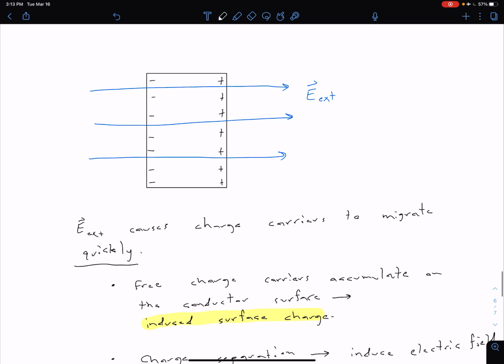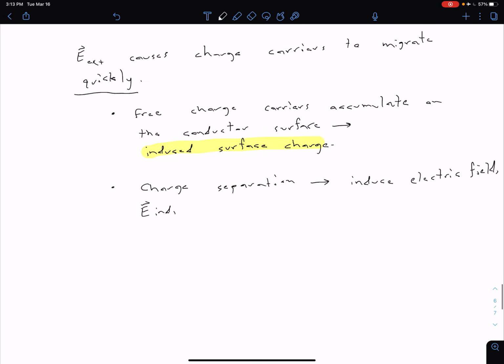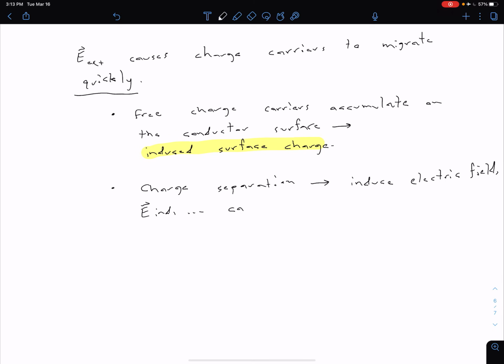If we draw this in a different color so it's easier to tell the difference, we have some E induced pointing in the opposite direction of our external electric field. That's our E induced inside of our conductor. Inside the conductor, E induced is going to cancel out that external electric field. Very important, only inside the conductor.